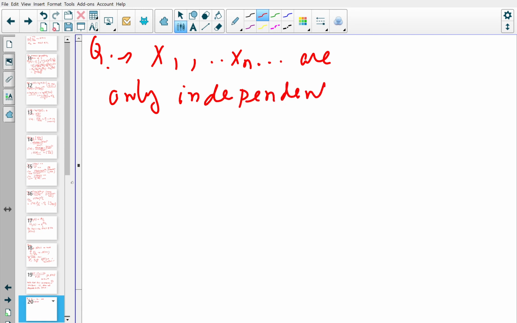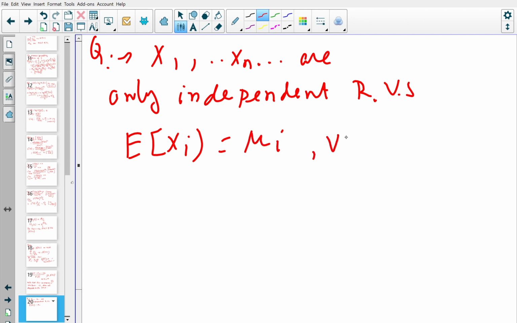What does that mean? I mean that they do not have identical distributions, so their means and variances are not the same. So the mean is mu_i and the variance of X_i is sigma_i square. Then do you have a central limit theorem for that?